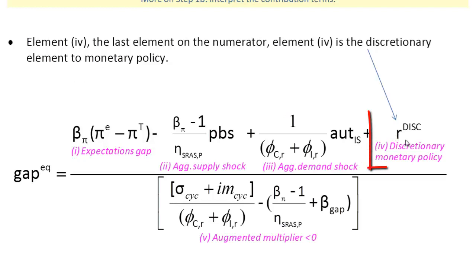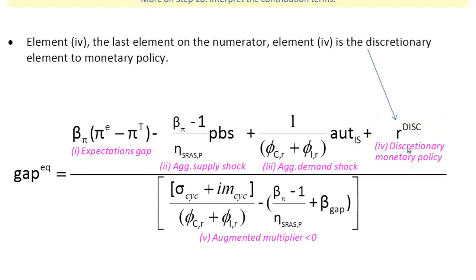So let's look at our last element here. This is discretionary monetary policy. This one's kind of easy because we're not multiplying it by anything. Now, our intuition should tell us that when our central bank tightens on a discretionary basis, it's squeezing out some aggregate demand, some consumption and some investment, and that means that the gap should go down. And if we have a discretionary loosening, that means that the interest rate goes down, our gap should go up.